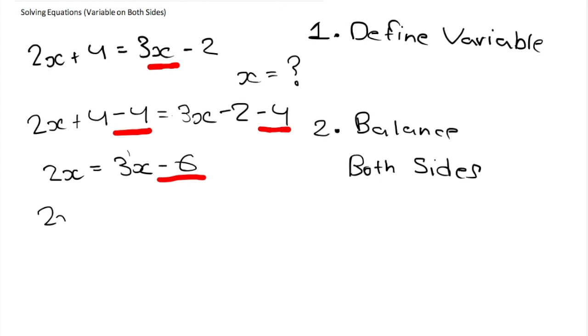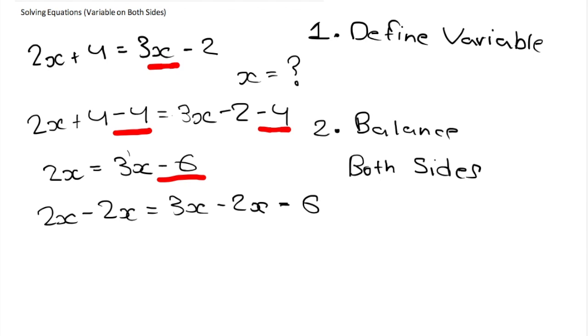So we can say 2x minus 2x is equal to 3x minus 2x. As you can see, I subtracted the left side of the equation by 2x. I also subtracted the right side of the equation by 2x. But we cannot forget the constant that's still on this side. So negative 6.